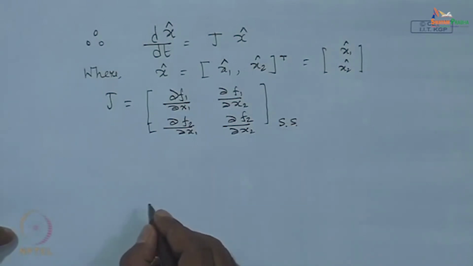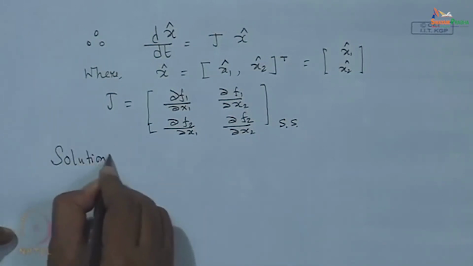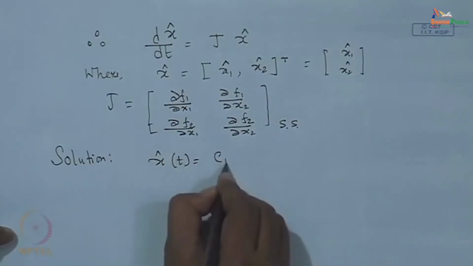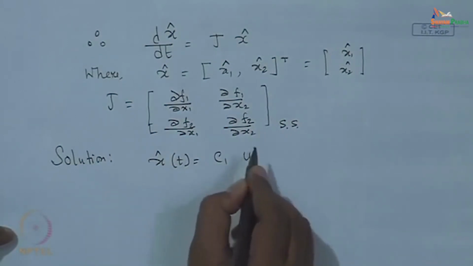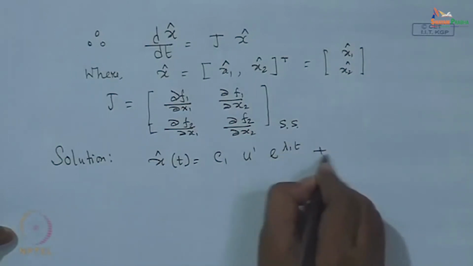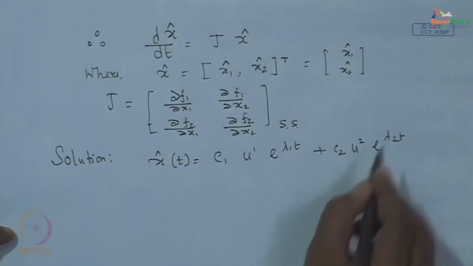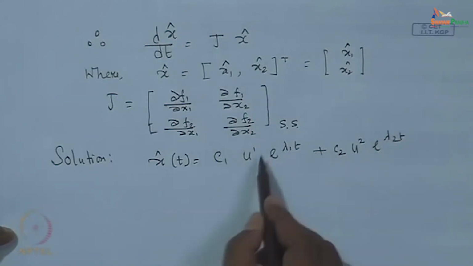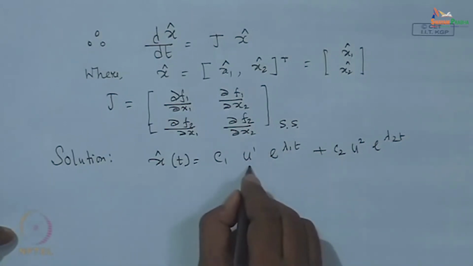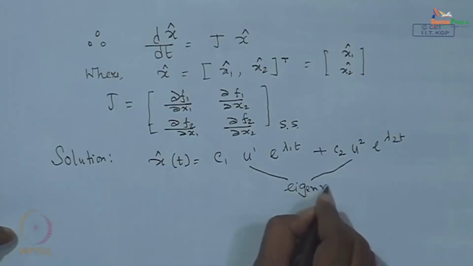So, the solution of this equation will be in this form: x hat of t is equal to C1 u1 e to the power lambda1 t plus C2 u2 e to the power lambda2 t, because it is a 2 by 2 matrix. So, we will have 2 eigenvalues lambda1 and lambda2, and u1 and u2 are the corresponding eigenvectors.